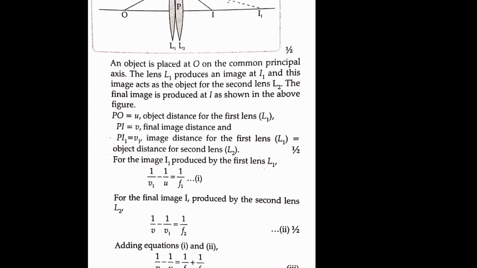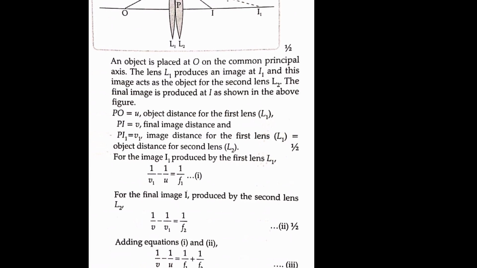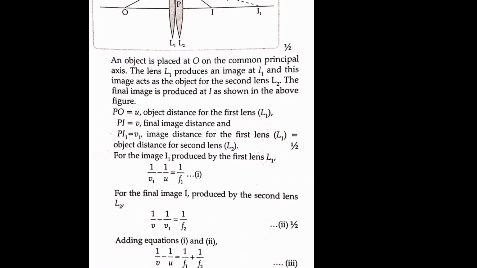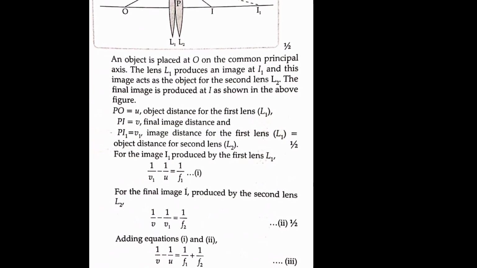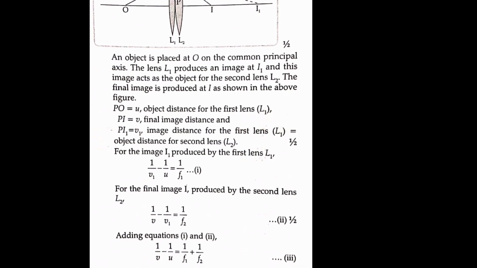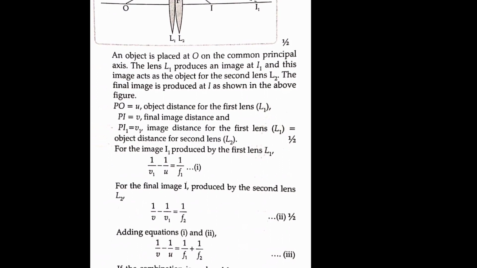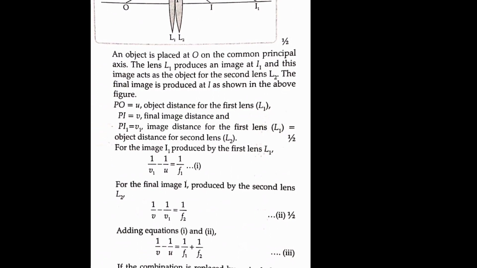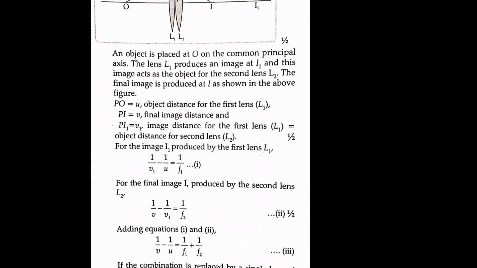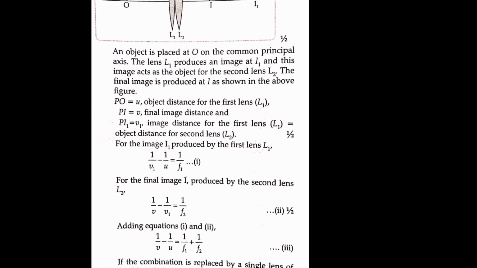That will be the final image formed, and here we can also use the lens equation. How can we write it? 1 by V minus 1 by U is equal to 1 by F. Which one is the image distance here? That is V. So for the second lens, or the final image, 1 by V minus 1 by, what is the object here?